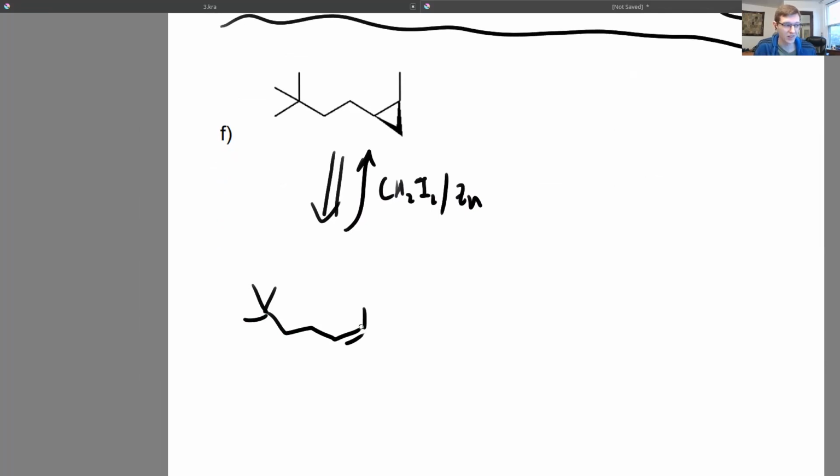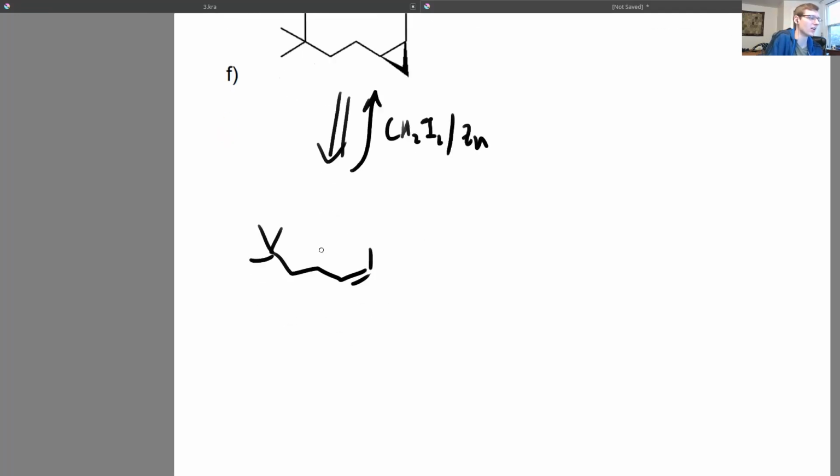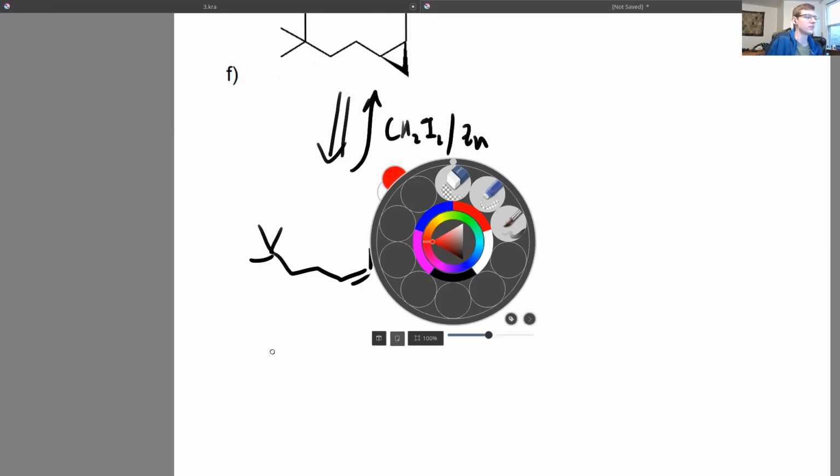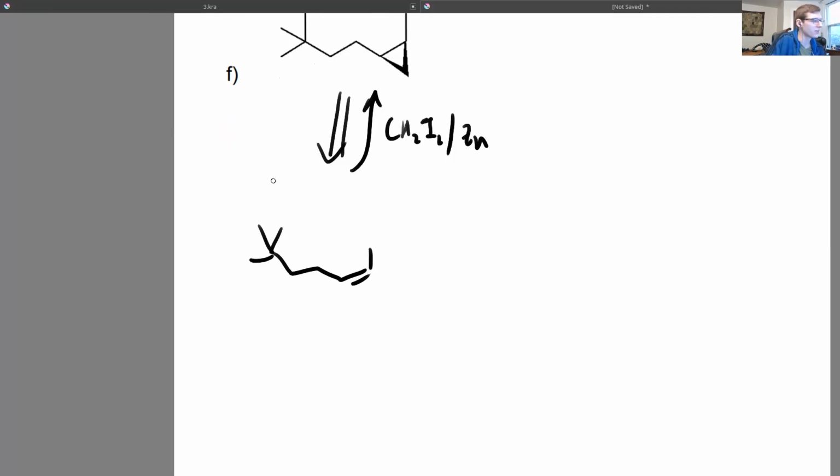Okay, and let's count our carbons now, because we've got way too many. So what can we start with? Well, 1, 2, 3, 4, 5. So we could start with 5 carbons down at this end, right? And how can we get this double bond?